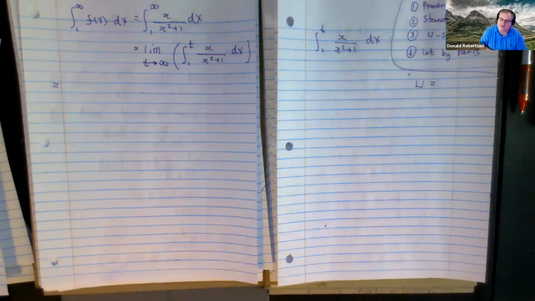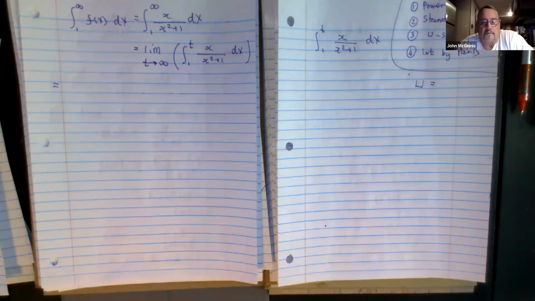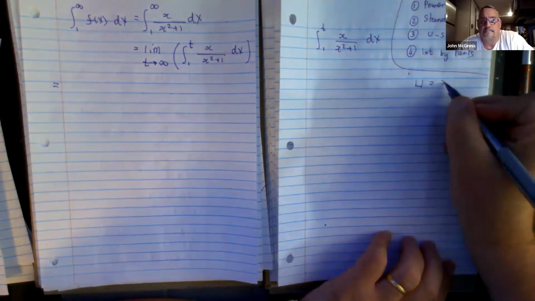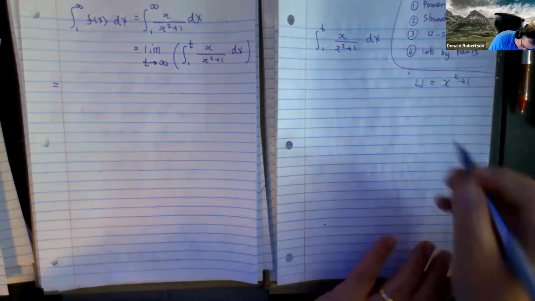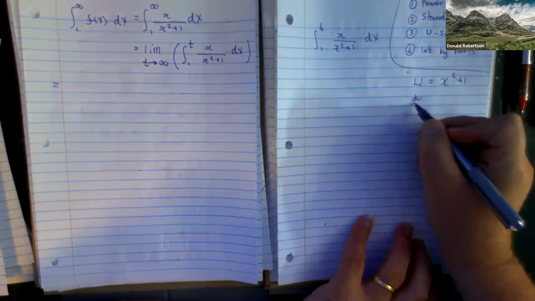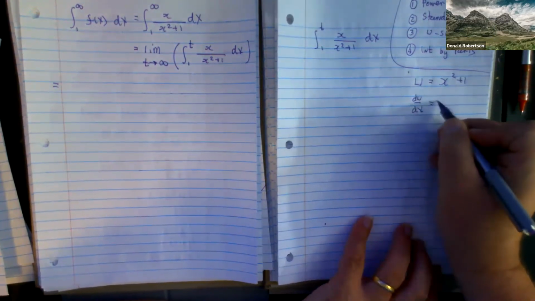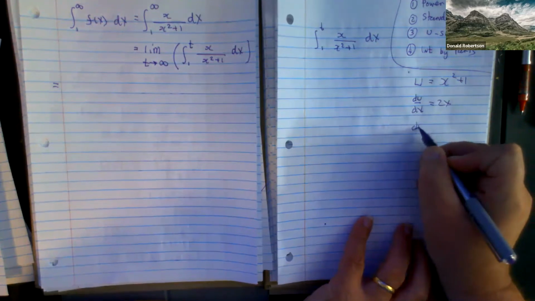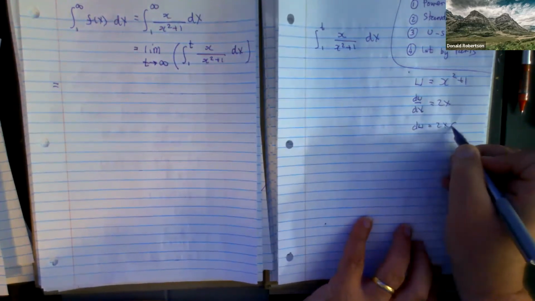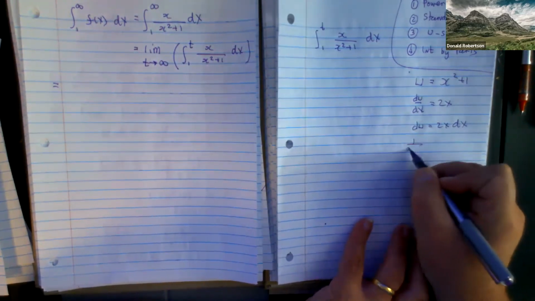Now, what is the correct u sub? Pretty straightforward, this one. u equals x squared plus 1. Okay. Now we'll differentiate with respect to x. We'll do the crossover and divide both sides by 2x.